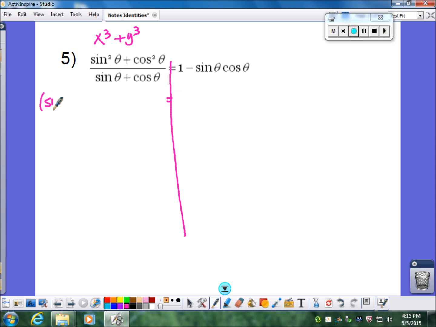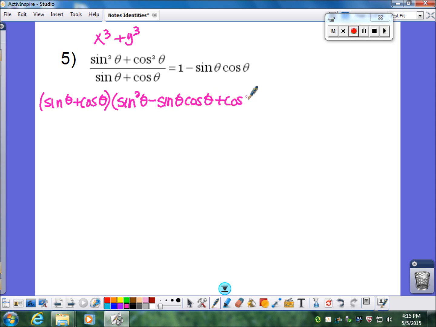So it's going to be sine theta plus cosine theta times, give myself some more room here. It's going to be SAP, so I'm going to square the first term, change the sign and multiply, and then square the last term, and it's always positive. I'll put my equals over there to give myself some more room. I've got my square on my cosine.